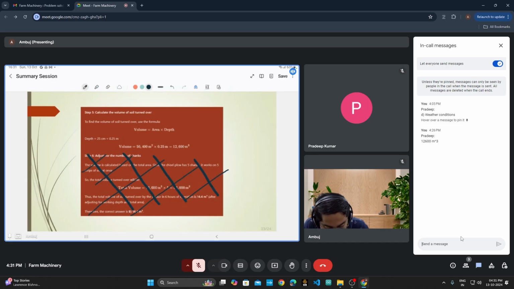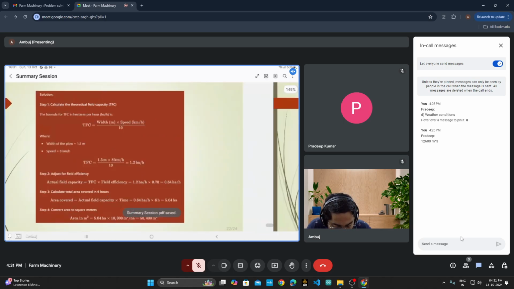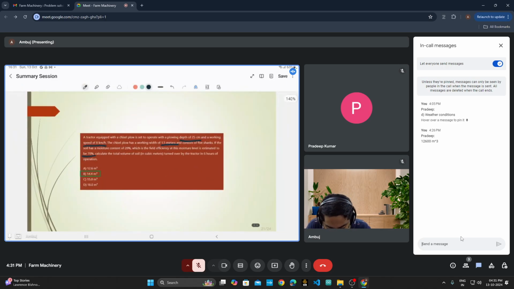I'll correct it in the PPT. The correct answer is this one only, 12,600 meter cube. The volume of soil that is actually turned is 12,600 meter cube only. That is what you are getting. Here also I'll correct it to 12,600 meter cubes.